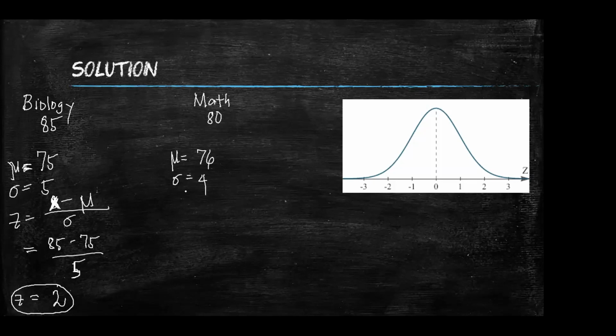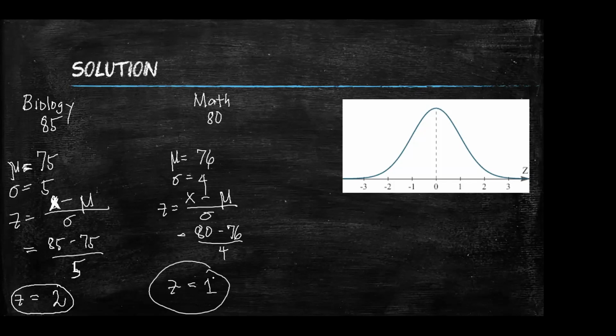Next, let's go to math. Same formula: z is equal to x minus mu over sigma. Substitute: 80 minus 76 over 4. How much is that? 80 minus 76 is 4, divided by 4, so our z-score is equal to 1.